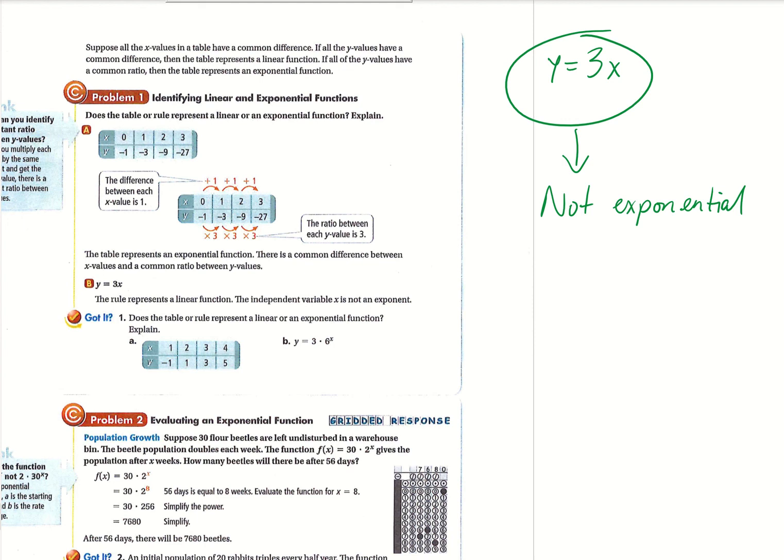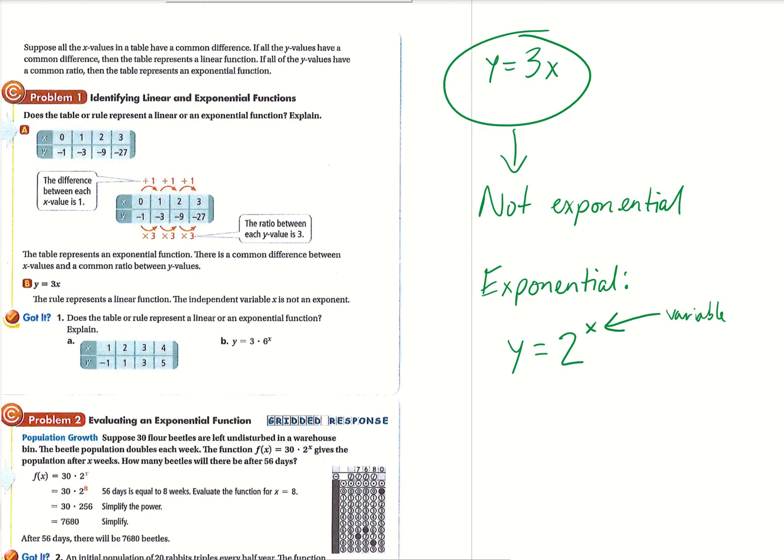It is important for an exponential that we have the variable as an exponent, so that would be like this. The exponent has to be our variable. If it's not a variable, that's a different type of equation or function, which we will get to later on in the school year. But for now, just know it's exponential if we have a variable there.